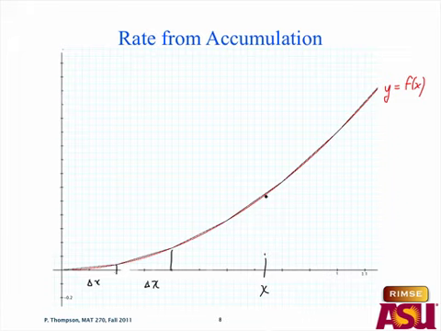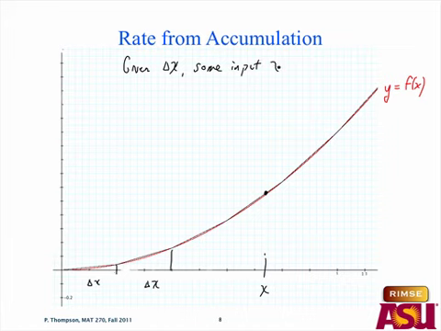okay? And what do I want? I want the approximate rate of change, this constant rate of change at the value x. So we're given a delta x and some input x.